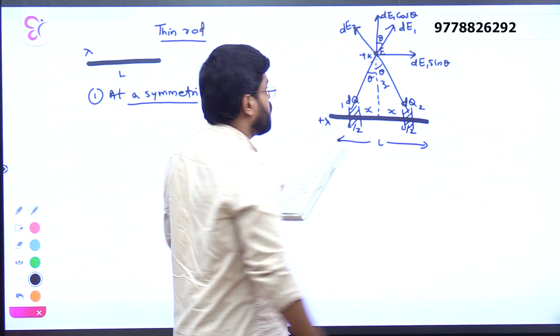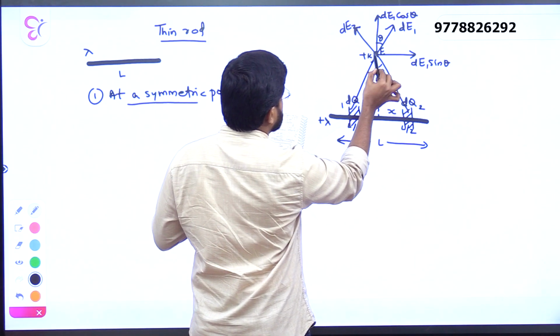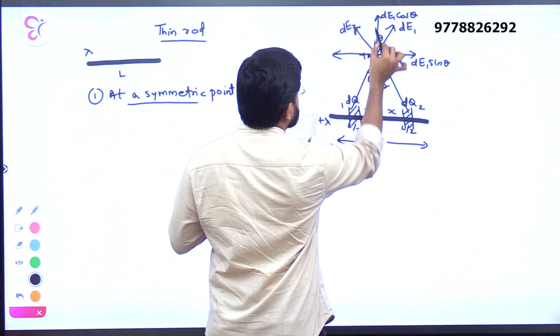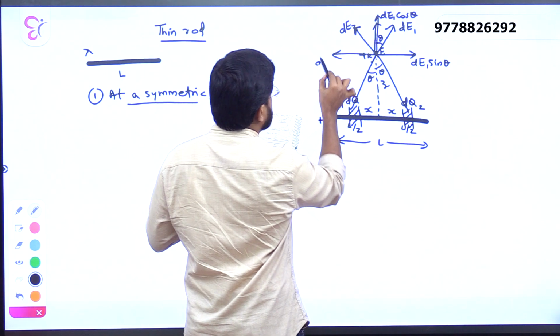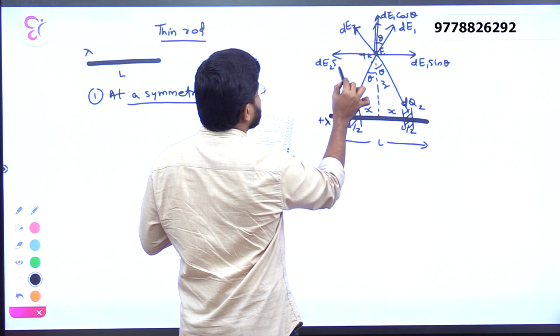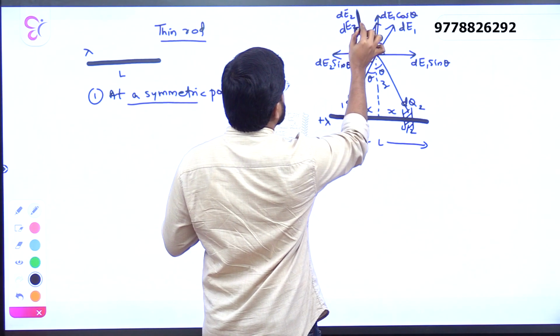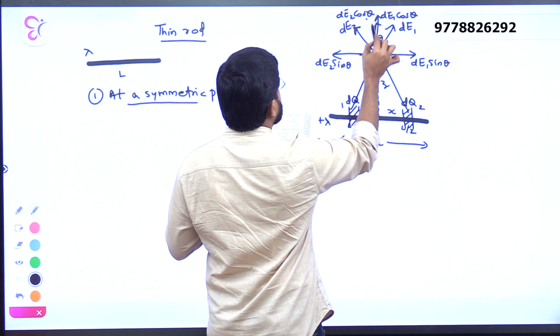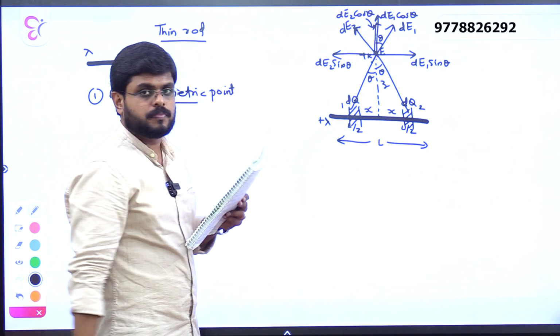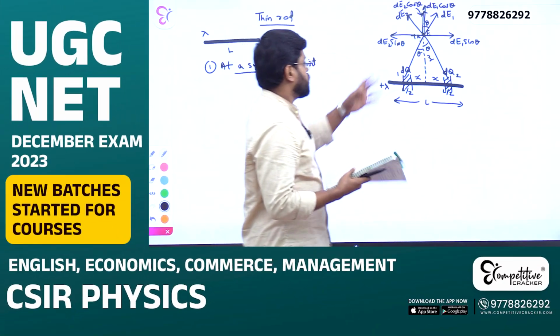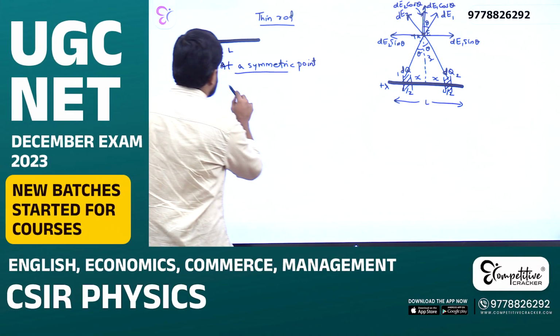And I can resolve dE2 like this: this is dE2 sin theta, and this is dE2 cos theta.